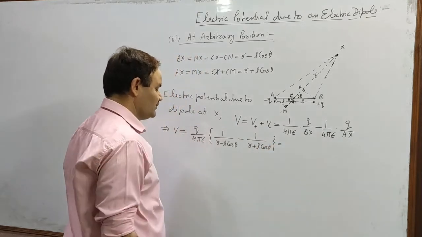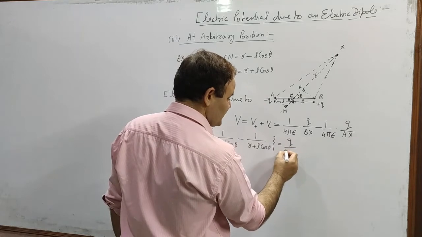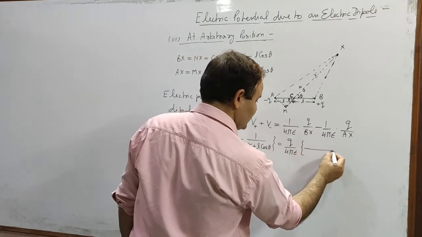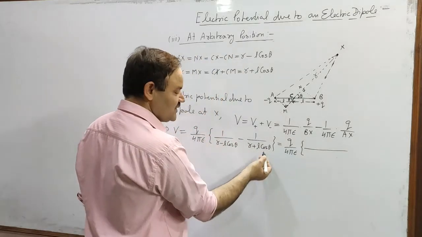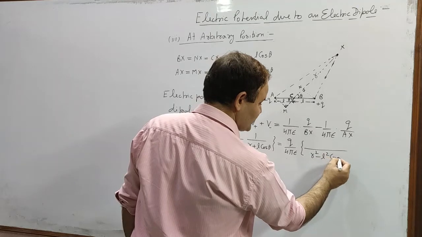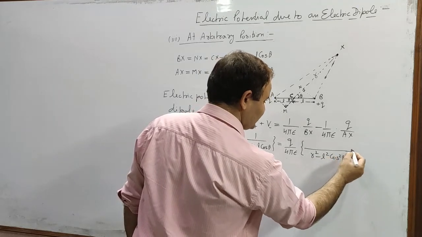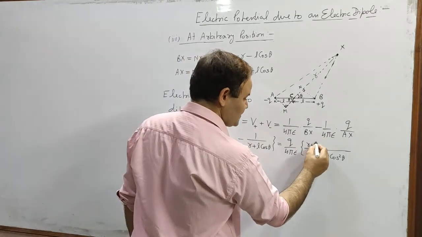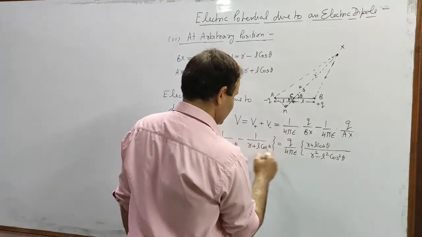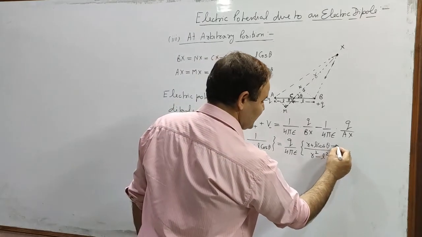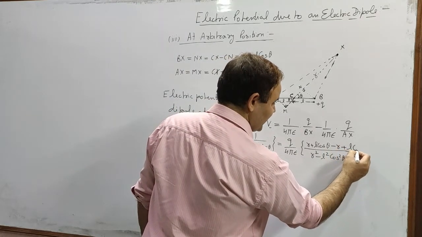This is equal to q upon 4 pi epsilon as such, and LCM of r minus L cos theta and r plus L cos theta, r square minus L square cos square theta, and this will give r plus L cos theta minus r minus L cos theta, that is minus r plus L cos theta.